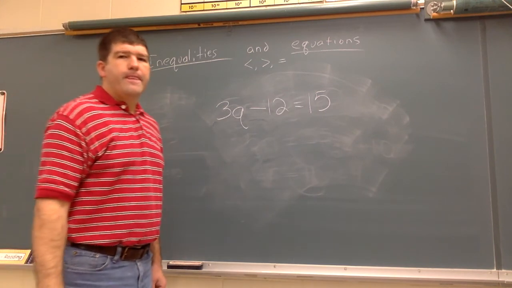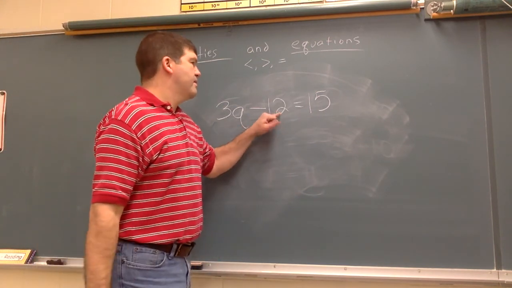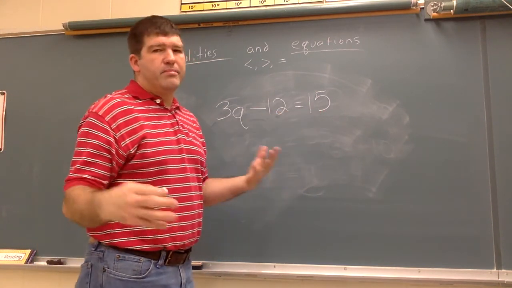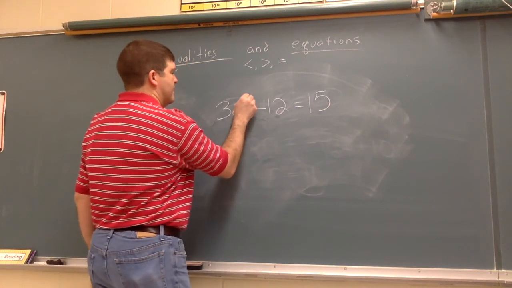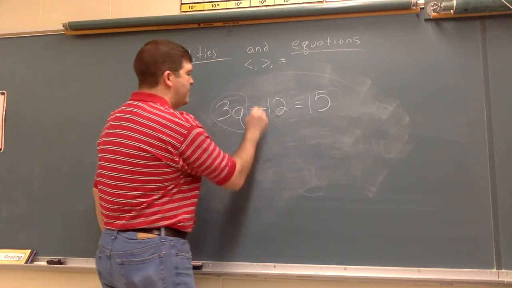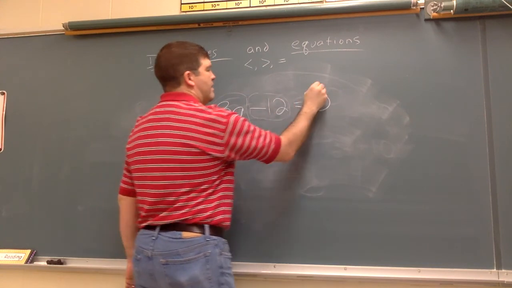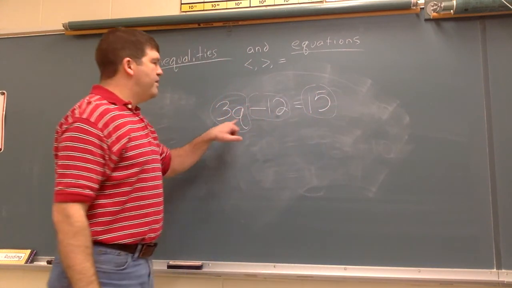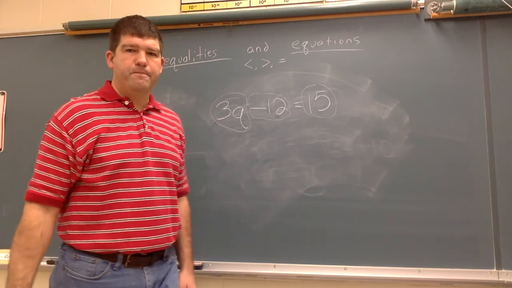Okay. I start with just my numbers. I isolate. I have my 3q here: 3q, negative 12, 15. Okay?